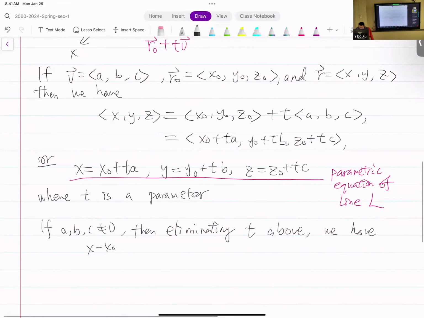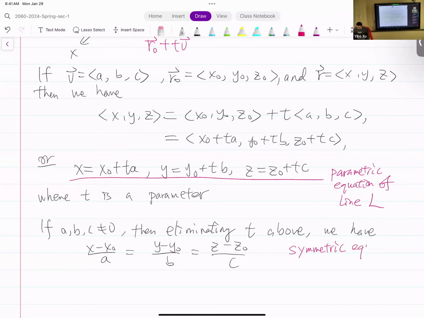x minus x0 over a equals y minus y0 over b equals z minus z0 over c. So essentially they're all equal to t, but we don't really want t anymore, so we throw that away. So that's this relationship, and this is called the symmetric equation.